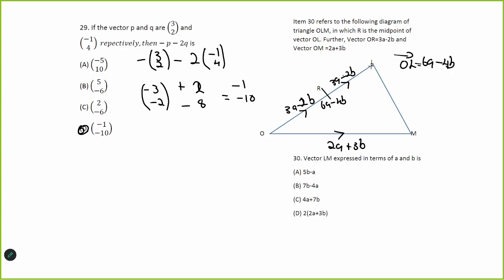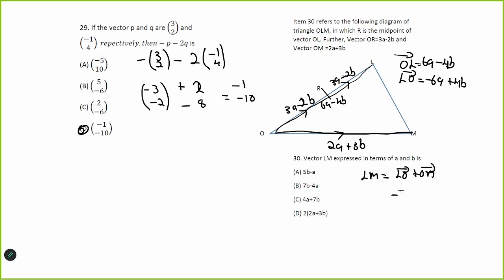So we're going from L, go down here, then go across like this. OL is 6A minus 4B, but LO would be the opposite. The opposite of positive 6A is minus 6A, and the opposite of minus 4B is plus 4B. So LM would be LO plus OM.